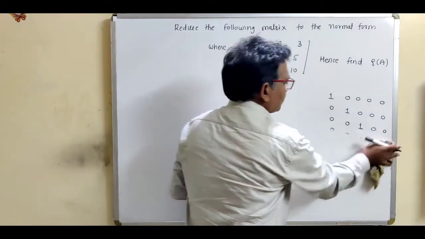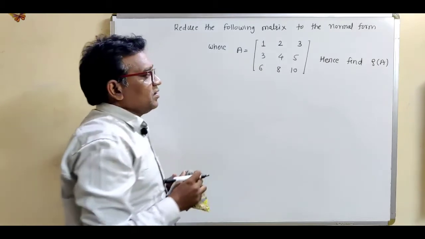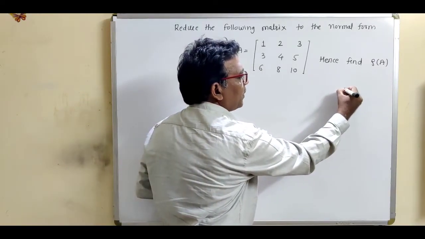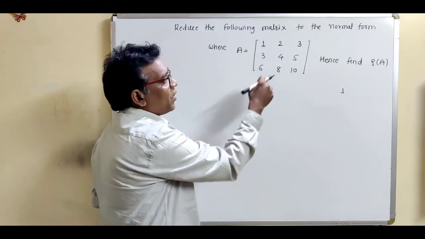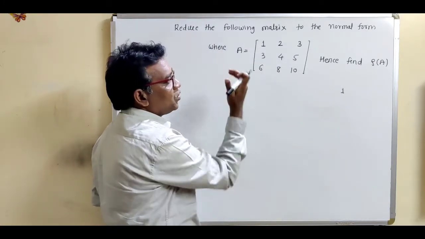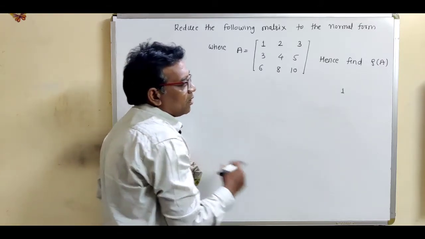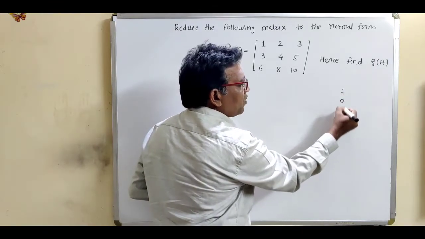So see, now we are given the 3 by 3 matrix. What is the first step? First of all, make the first element 1. Now in the given example, there is already 1, so there is no need to write 1. Now by using this one, make the corresponding column 0.